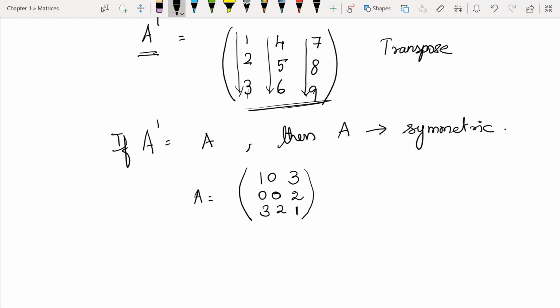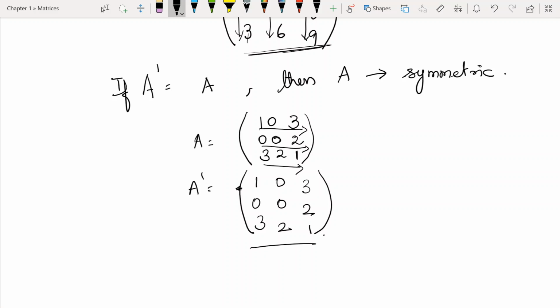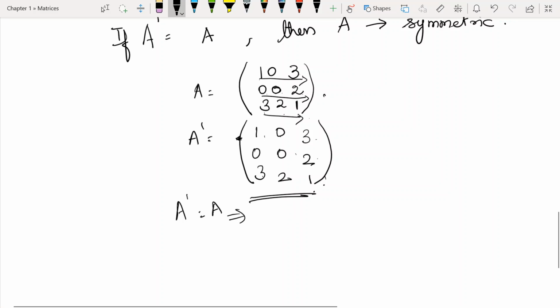If this is your A, then what would happen to the transpose? This row 1 0 3 will become the column 1 0 3. Next row becomes the next column, next row 3 2 1. Now compare this with the above: 1 0 3, 1 0 3; 0 0 2, 0 0 2; 3 2 1, 3 2 1. So A transpose is equal to A. This is an example of a symmetric matrix.